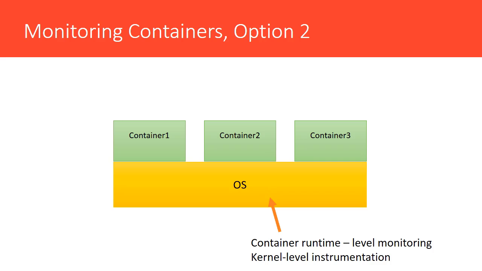One possibility is doing the equivalent of hypervisor level visibility, right? So putting a module inside the kernel and sitting essentially underneath the containers and being able to extract some data from there.